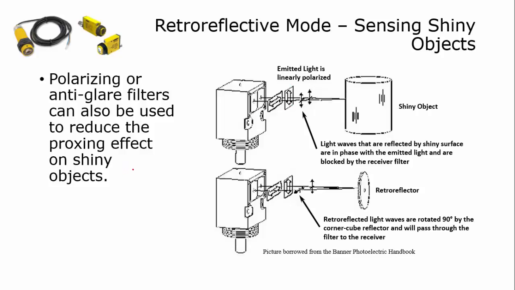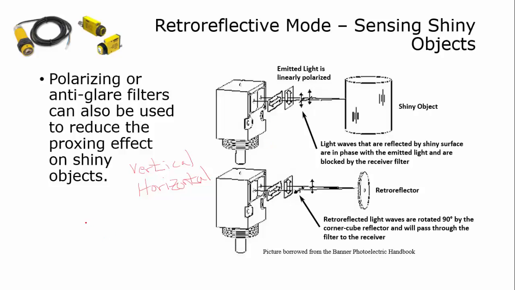So light filters are vertical and horizontal. And you put a horizontal on one lens and you put a vertical on another lens. So if I have a shiny object, the light is going to come out in a vertical polarity and it's going to come back in a vertical polarity. The vertical polarity can't get through the horizontal filter.